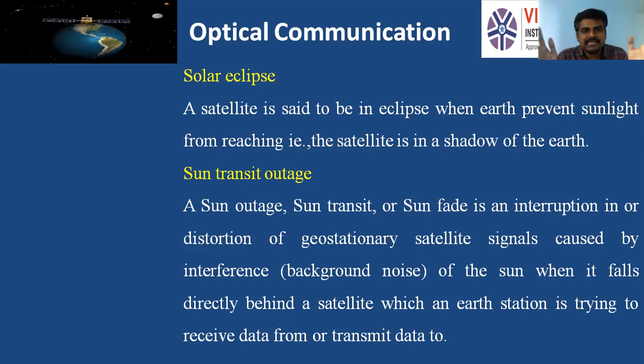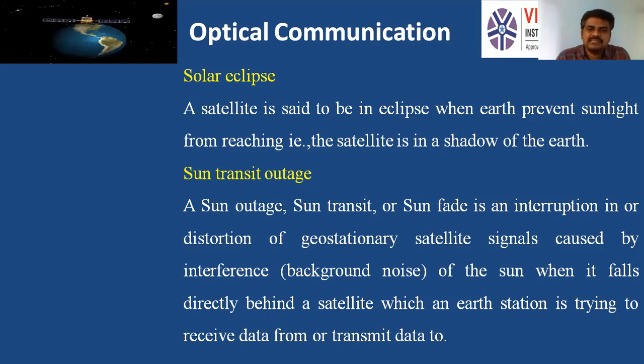The next one is sun transit outage. What is sun transit outage? When the satellite is placed between the sun and the earth, the signals may get faded, and the satellite may not work efficiently due to the radiation of the sun, and the satellite will stop transmitting the signals to the earth station for some time.